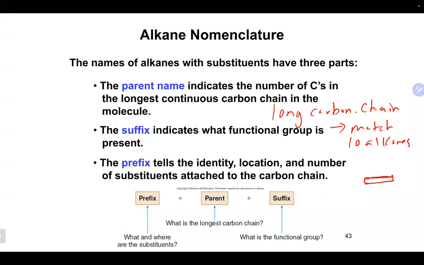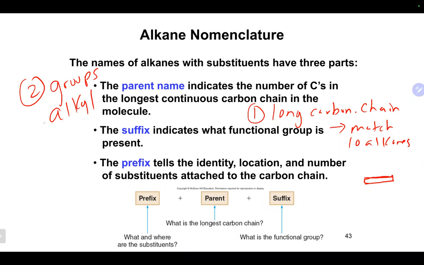Once you do that, you want to find the groups that are attached, those alkyl groups. You could have a methyl group like we saw, an ethyl group, which is a 2-carbon group, a propyl group, a pentyl group, and so forth.